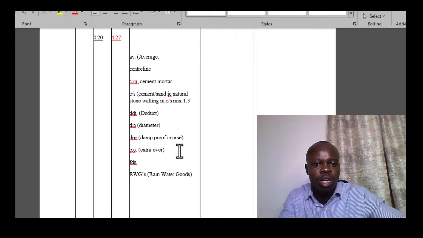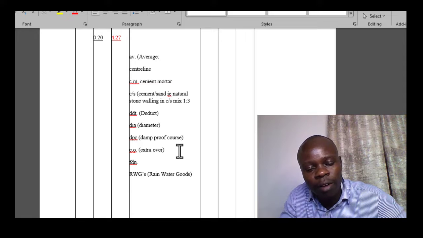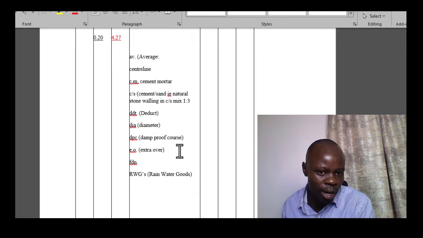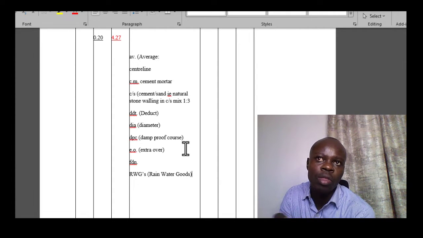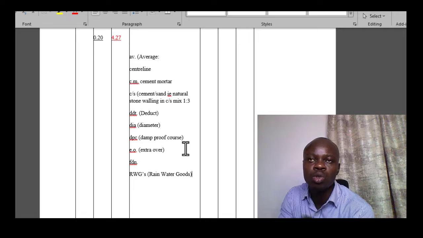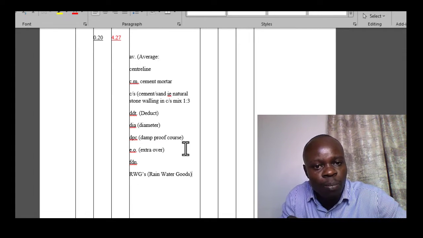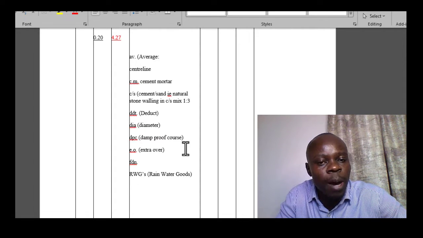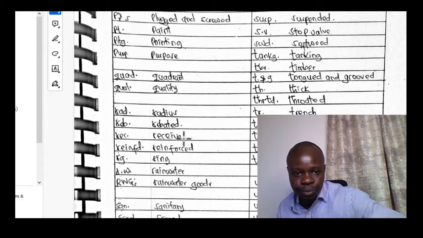So rainwater goods generally are the water harvesting equipment or items, for that matter. Things to do with the gutter, things to do with the downpipes, the shoes, the swan neck, and so on. All these items shouldn't worry you at this moment, because we are going to cover them in our subsequent coverages in terms of measurements and taking off.